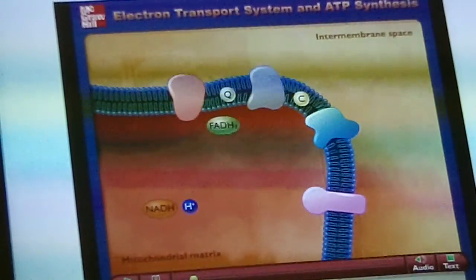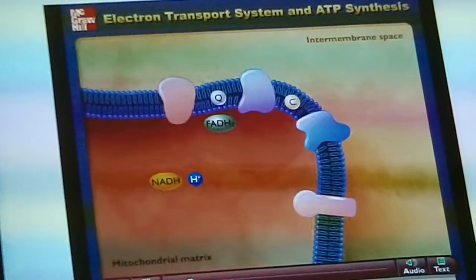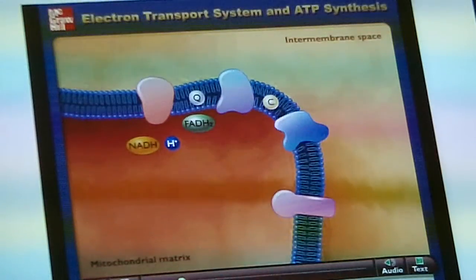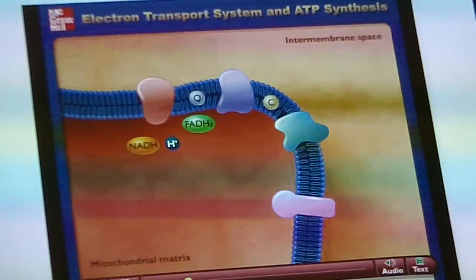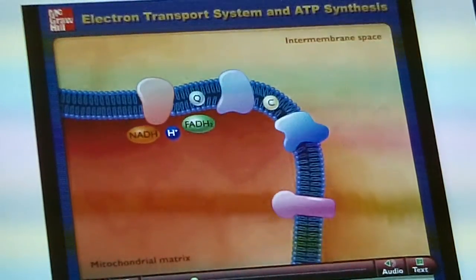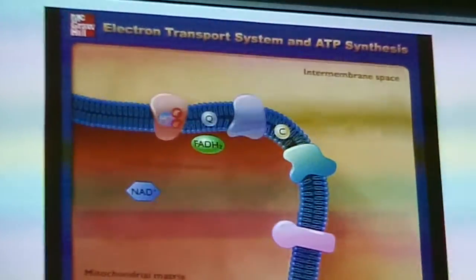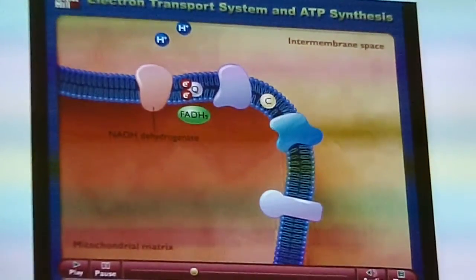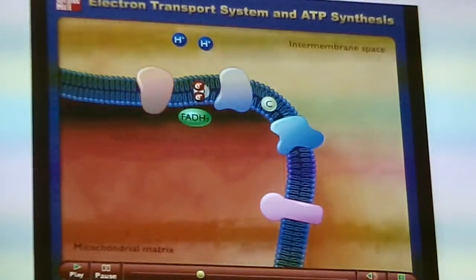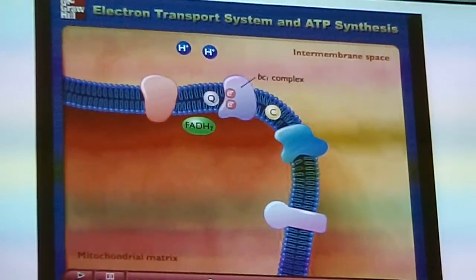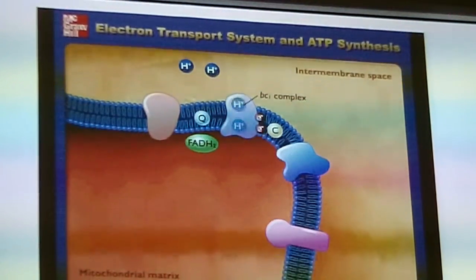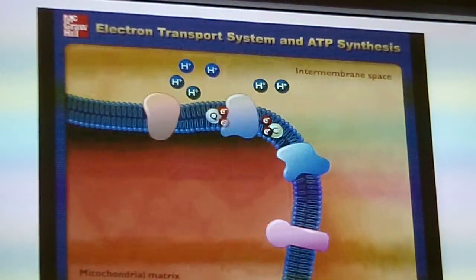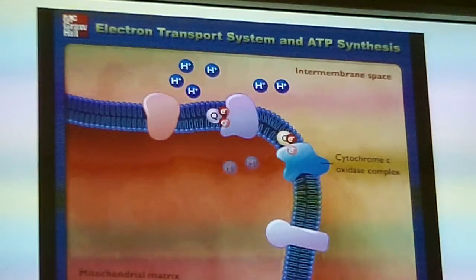Glucose is oxidized during glycolysis and the Krebs cycle, the coenzymes NAD+ and FAD are reduced to NADH plus H plus and FADH2. In the mitochondria, the electrons from NADH plus H plus are transferred to the electron carrier proteins, and the protons are transferred across the membrane. As the electrons move from cytochrome to cytochrome down the electron transport chain, more protons are carried across the membrane. Cytochrome C transfers electrons to the cytochrome C oxidase complex.